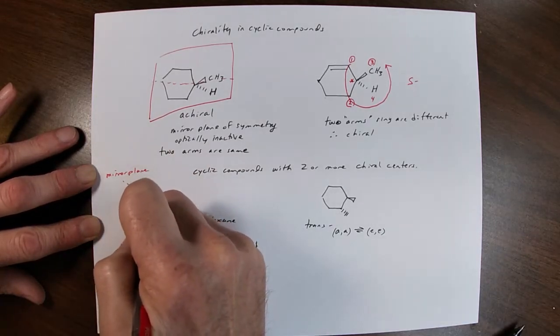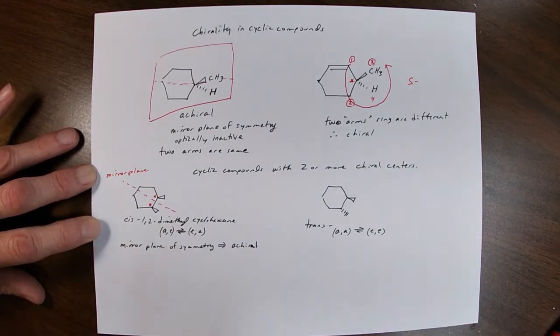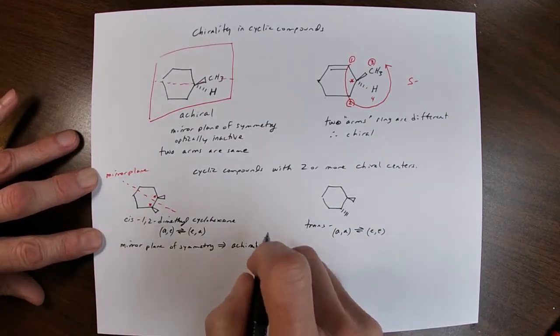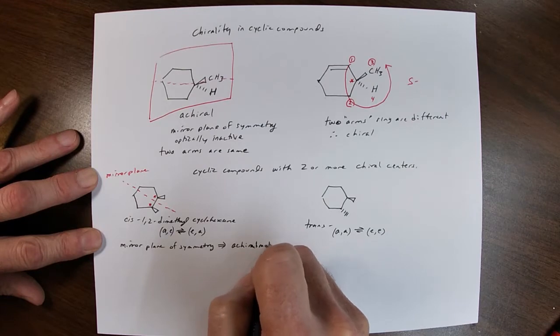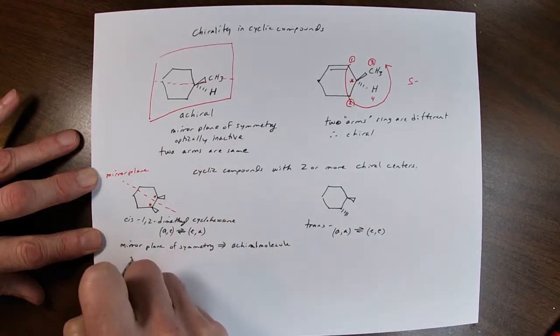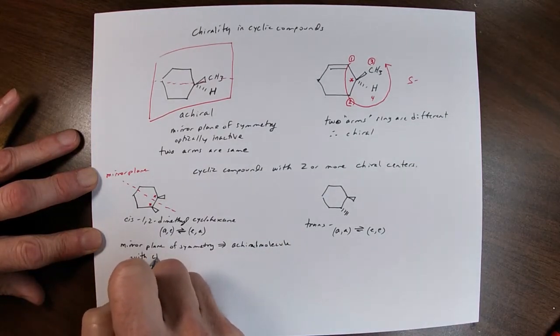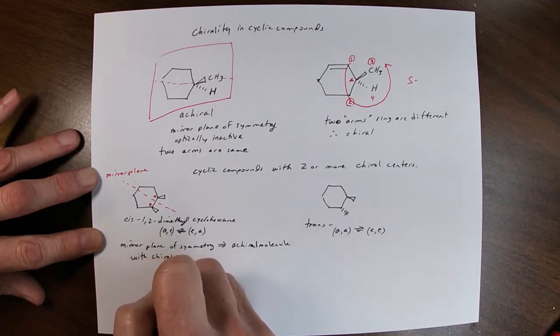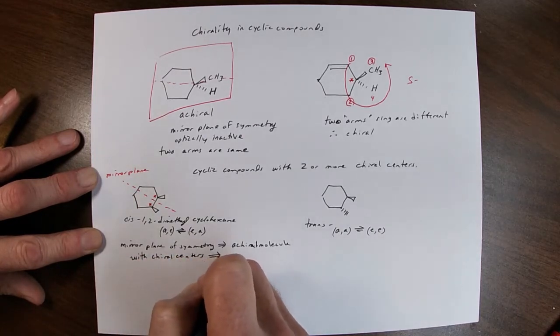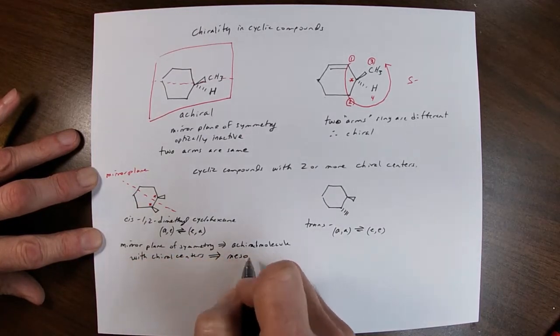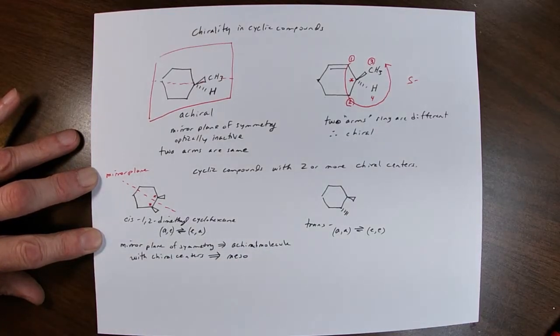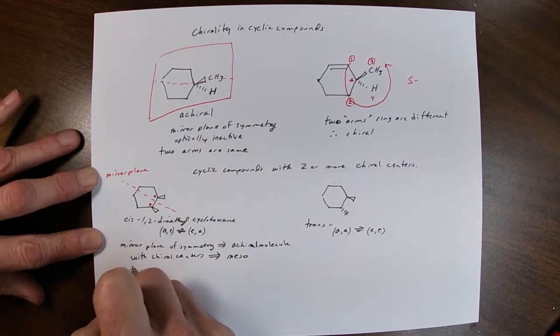There's a chiral center there and a chiral center here. So it's a mirror plane of symmetry. It is an achiral molecule with chiral centers. Therefore, it is a meso compound, and it's superimposable on its mirror image.